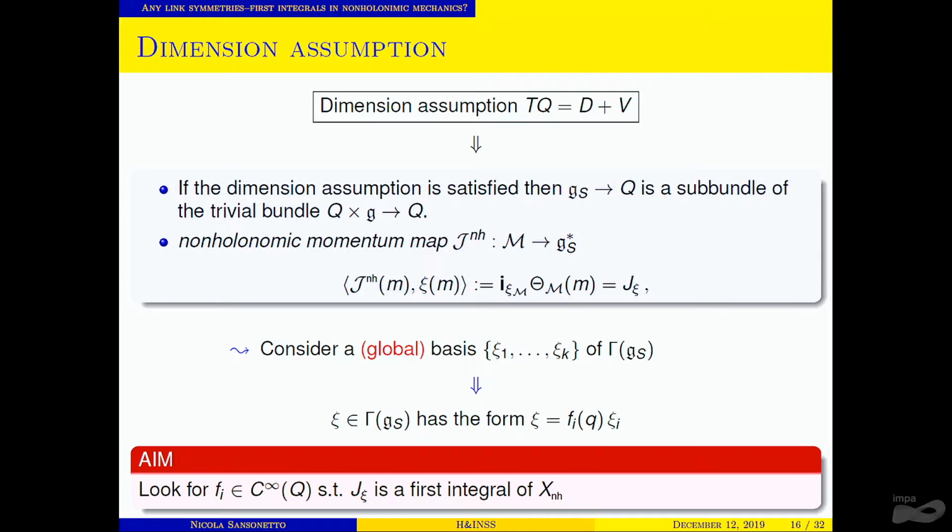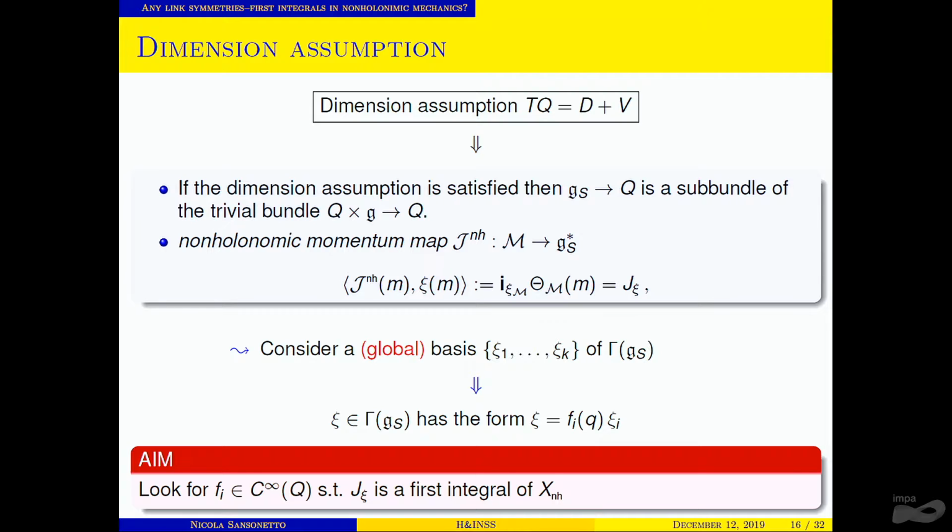Now, consider a global basis of the space of sections of the distribution g^S. The word global is in brackets because so far it is not important, but it is a key point. This is the first real obstruction to the existence of these gauge momenta that I'm going to find. So let's say that this basis exists.